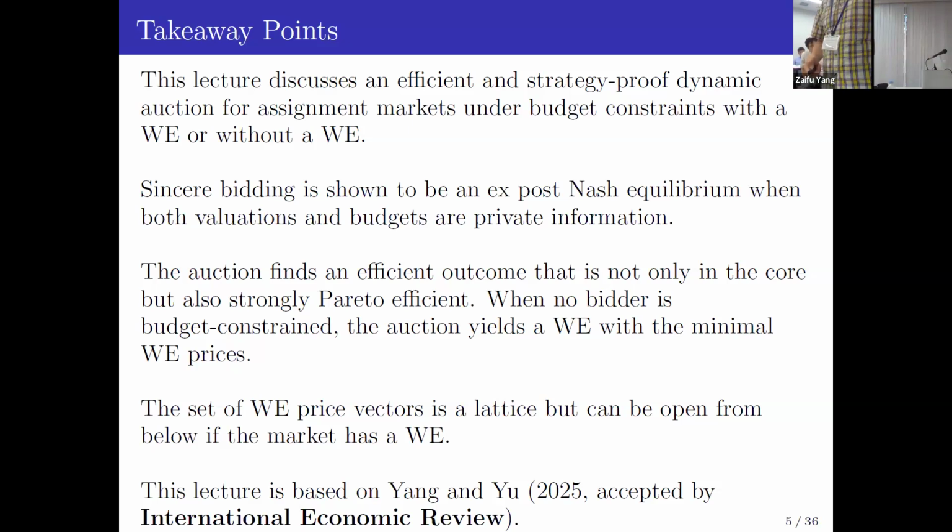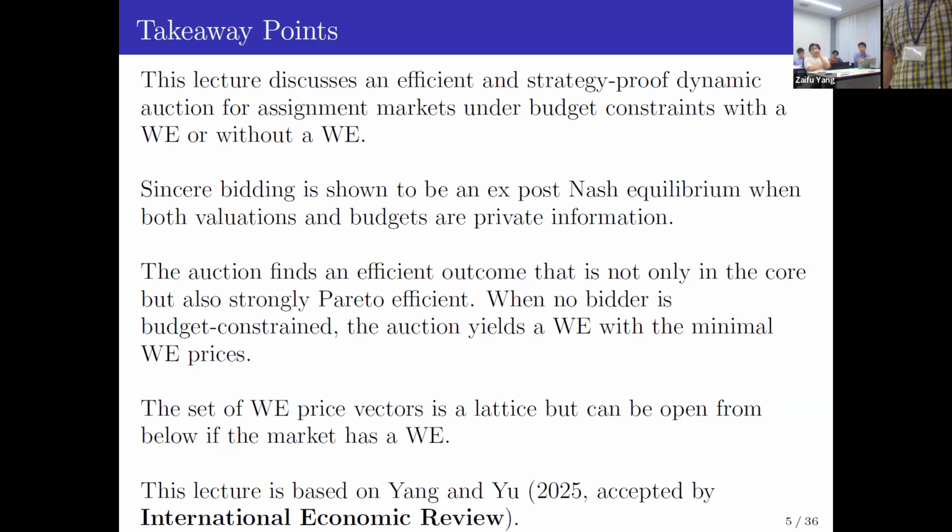In this lecture, we are going to present an efficient and also incentive compatible dynamic auction for the assignments. What we can prove is that sincere bidding will be an ex post Nash equilibrium when both valuations and budgets are private information. At the moment, we cannot prove that sincere bidding will be a subgame perfect Nash equilibrium.